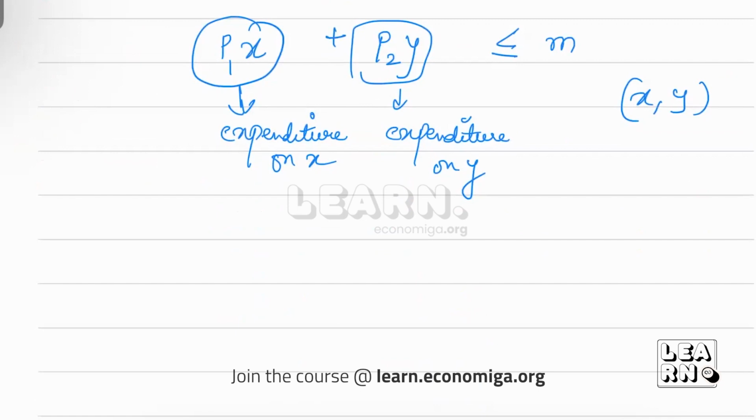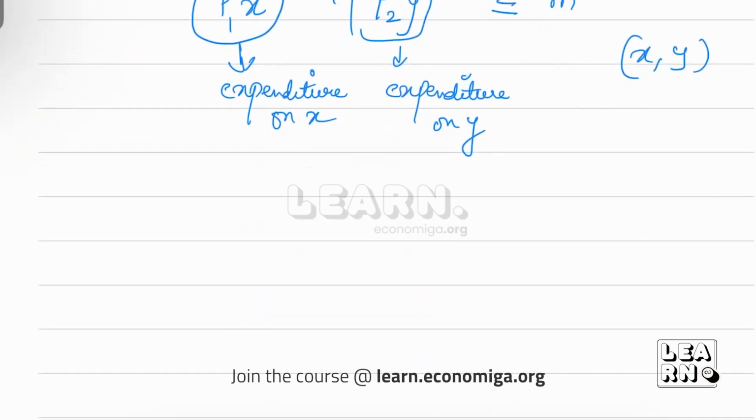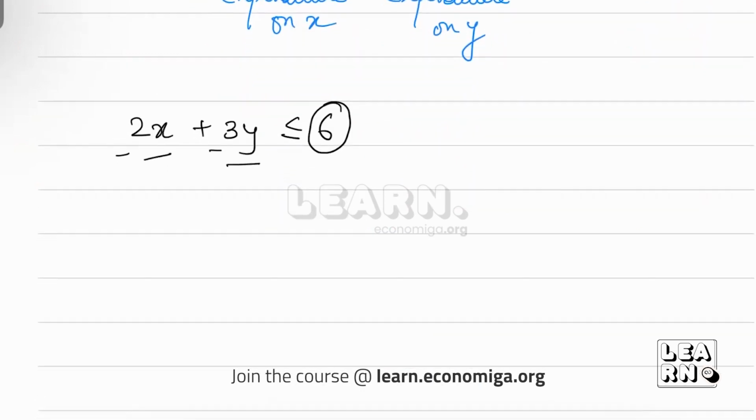Graphically, for example, I have a budget constraint which looks like this. This says that you're buying X and Y with the prices 2 and 3 and your money income is 6. We all know how to plot an inequality. First of all, we find the intercept points.